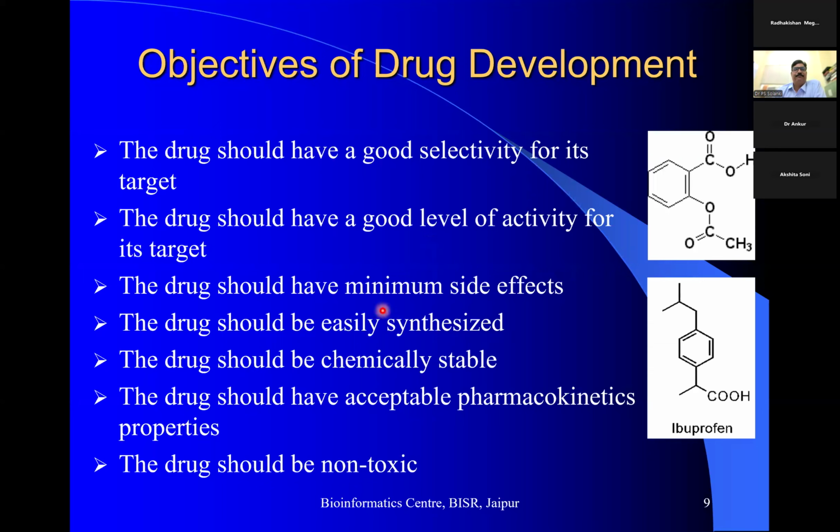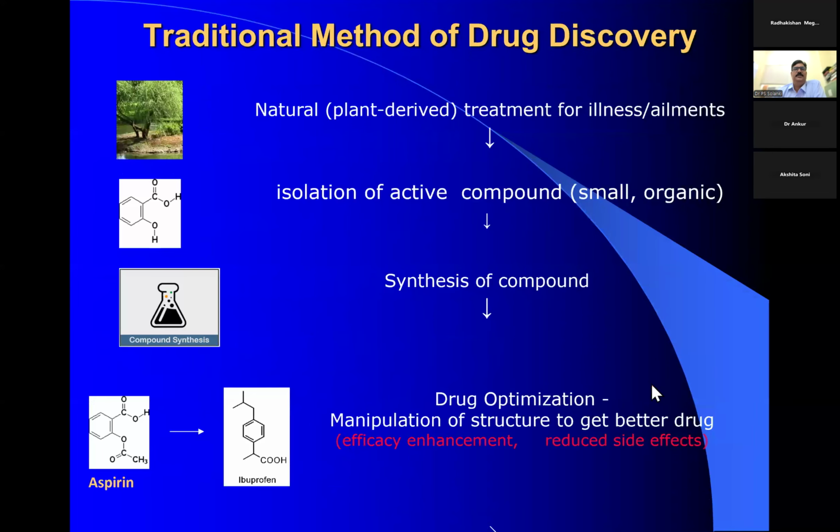Okay, so drug designing is the important task, and we know traditionally we have been designing drugs. So the process of traditional drug development often began with step one, where we say natural treatment for illness ailments, and most of these compounds originated from the plant.